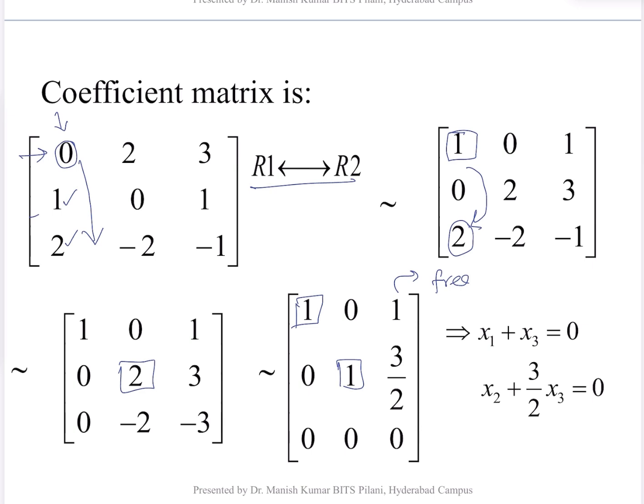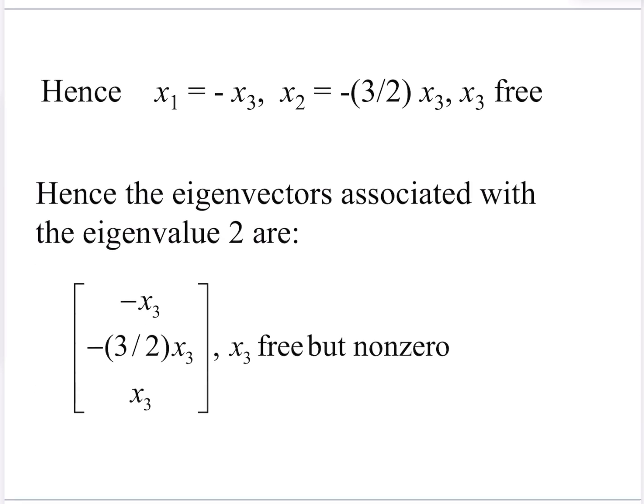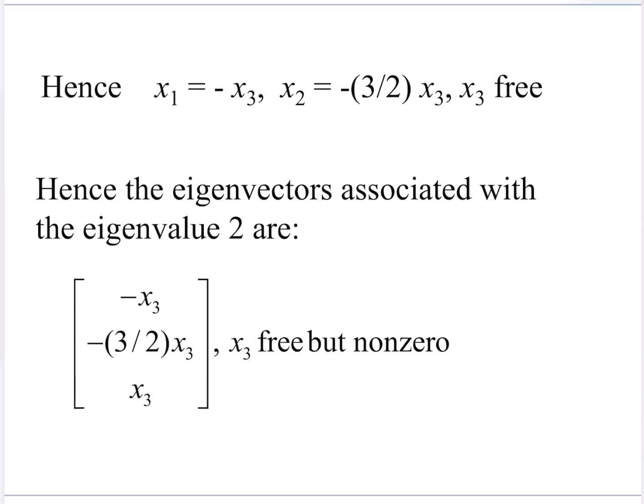Okay, after solving this we are going to get x1, x2, x3 and so on. Here, similarly, x3 will be non-zero, right? So this is the second eigenvector corresponding to the eigenvalue lambda.